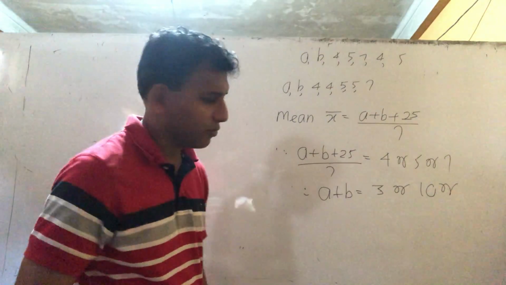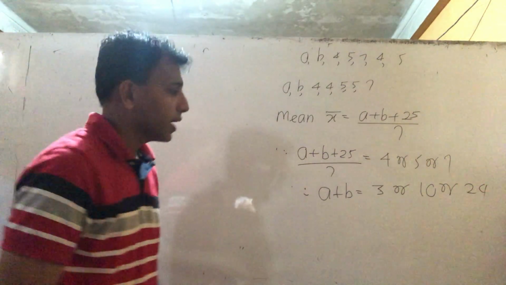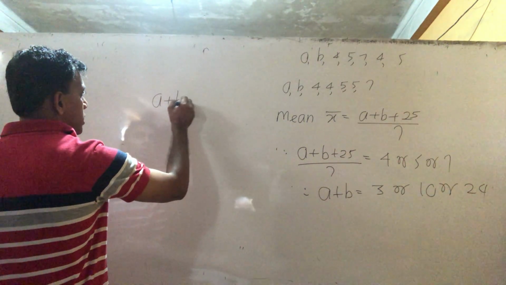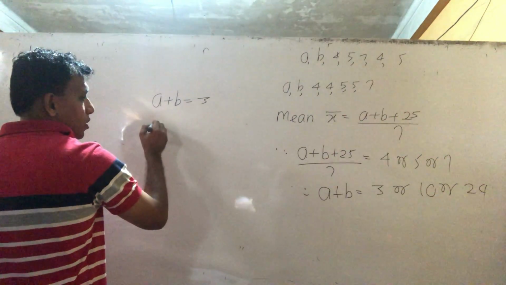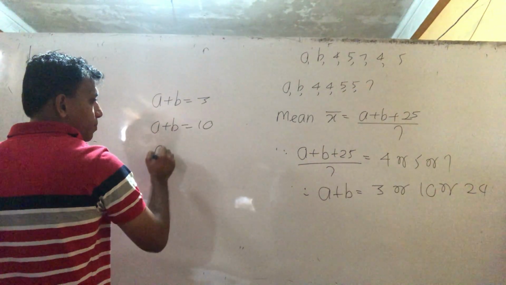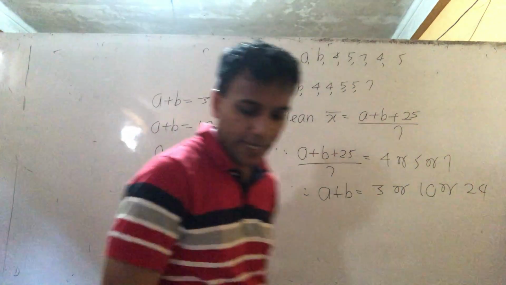Check that. Now, A plus B equals 3, or A plus B equals 10, or A plus B equals 24. So you know the idea.